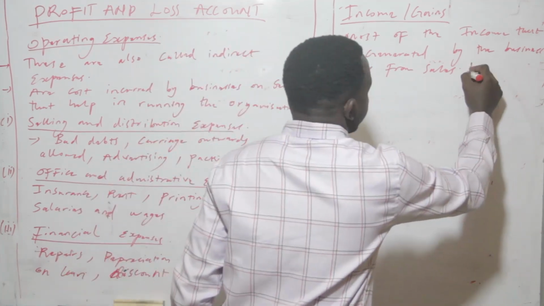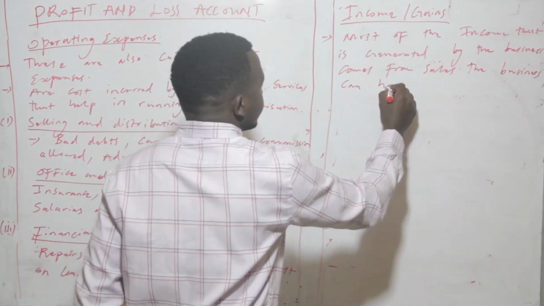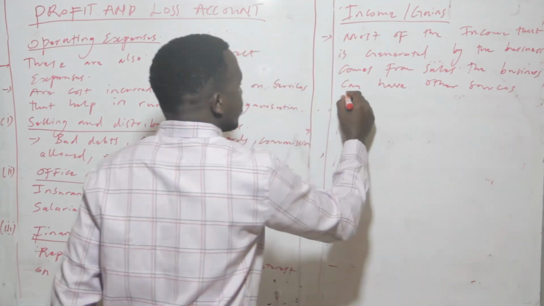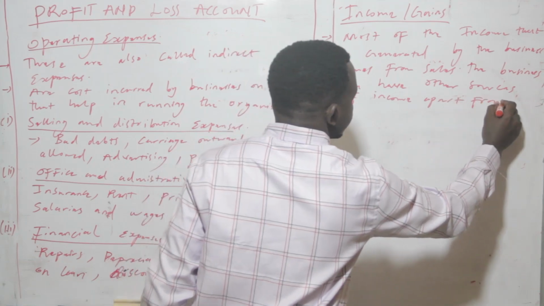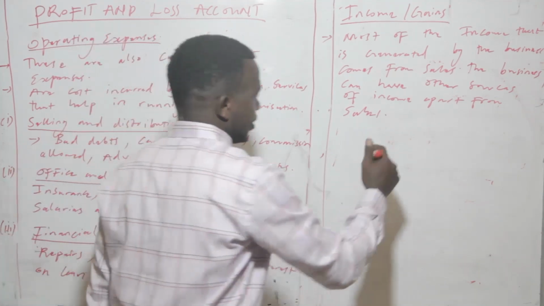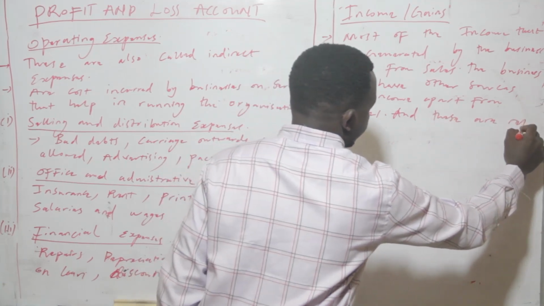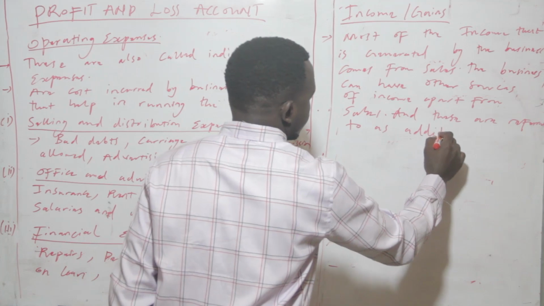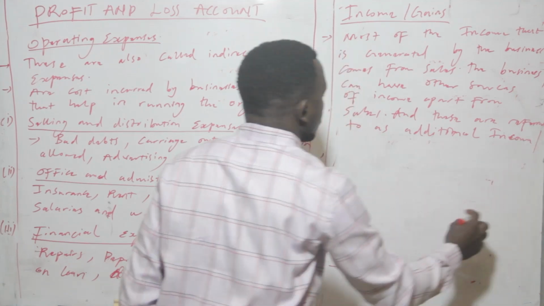So we can say the business can have other sources of income apart from sales, and these are referred to as additional income or supplementary income.